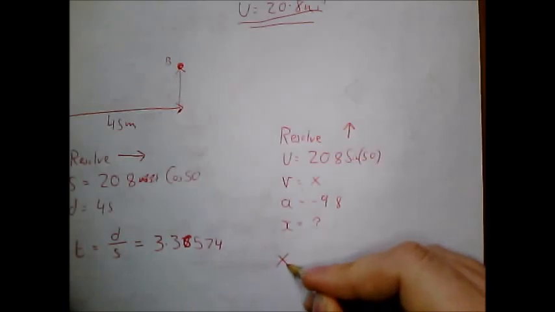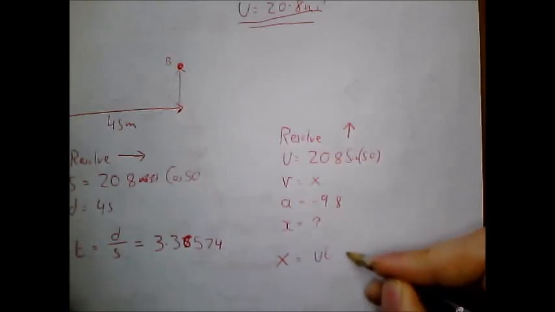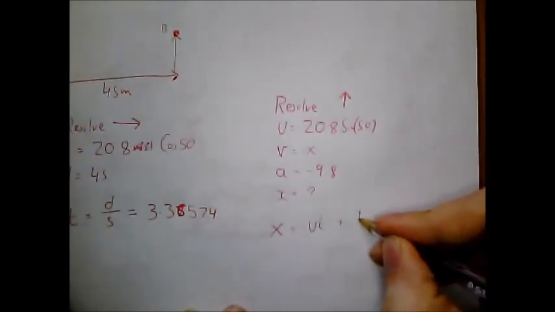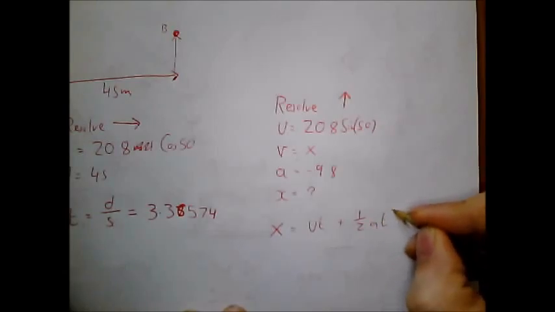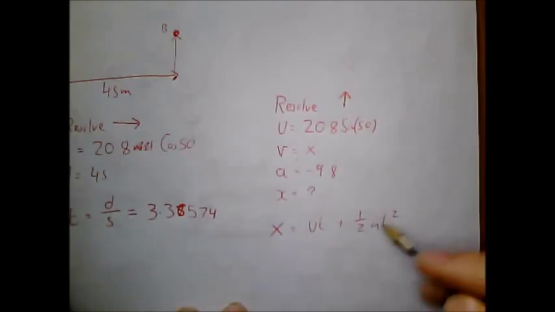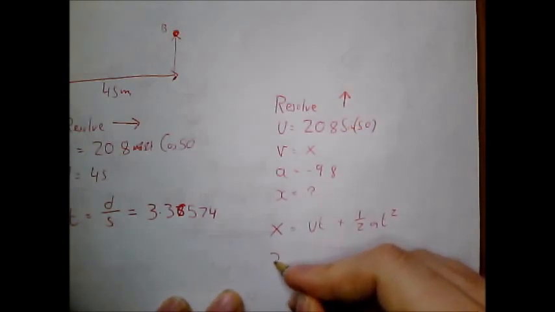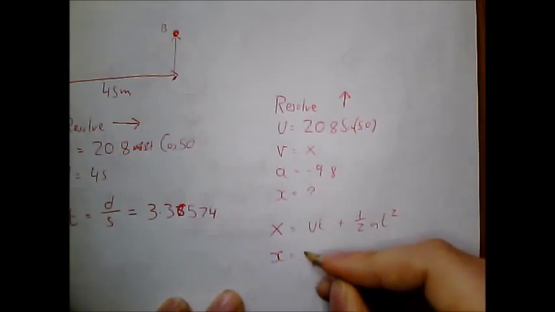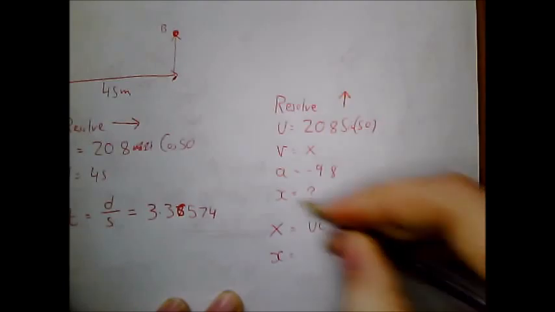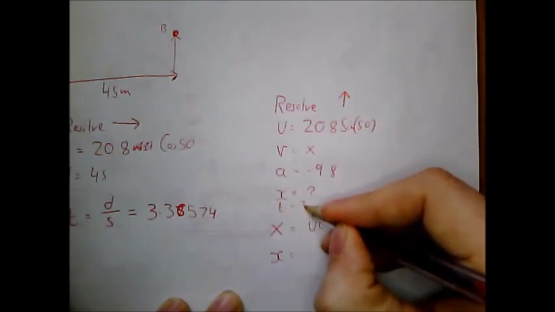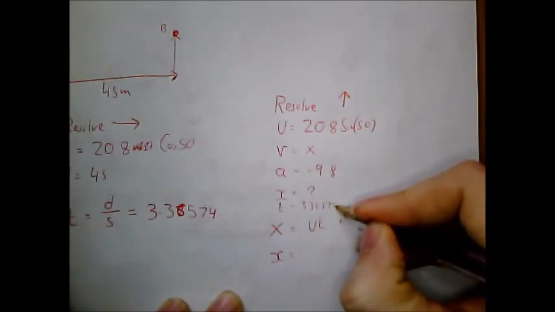So using x equals ut plus half at squared, and substituting these values in, let's see what we get. t equals 3.36574.